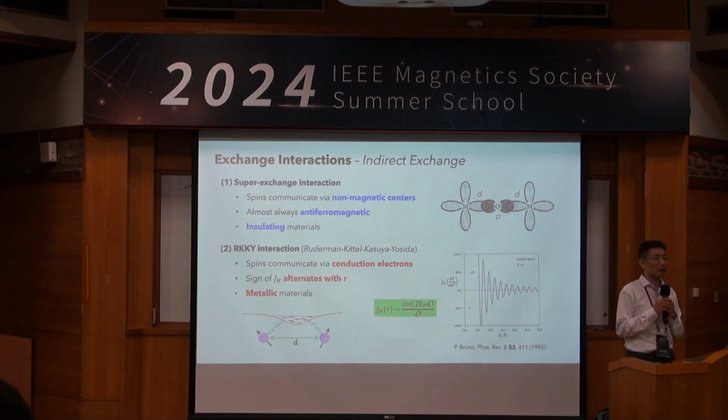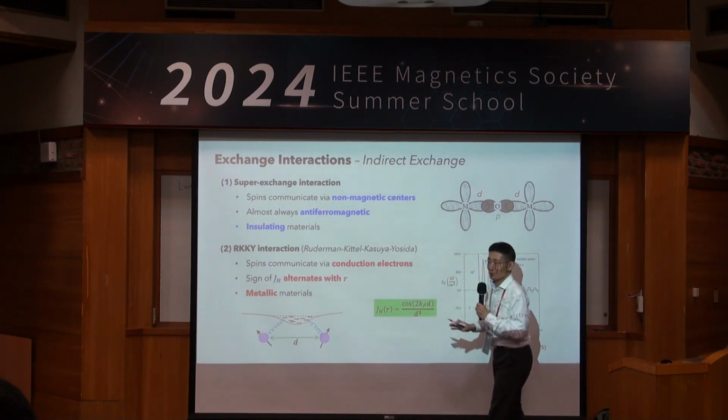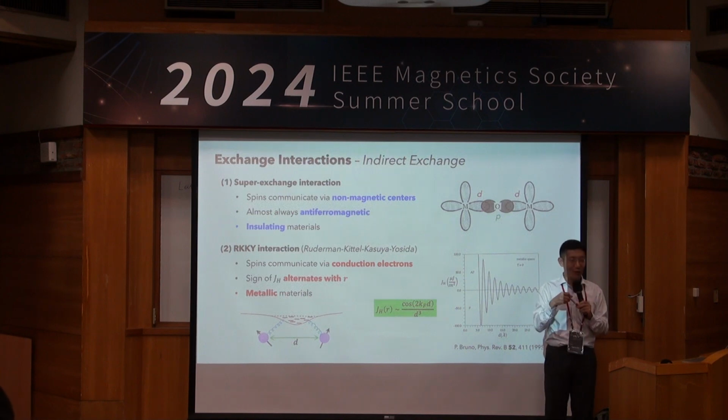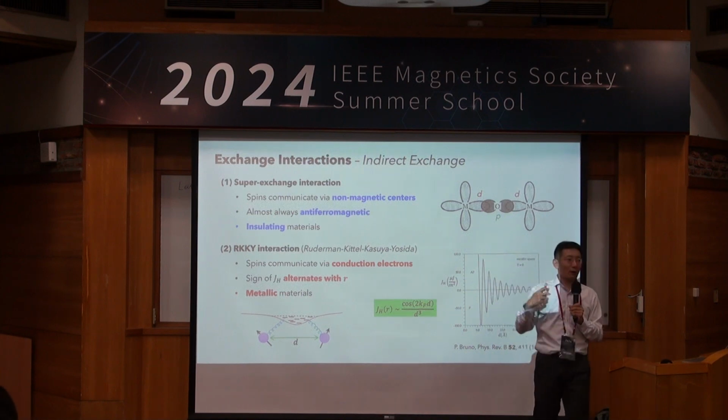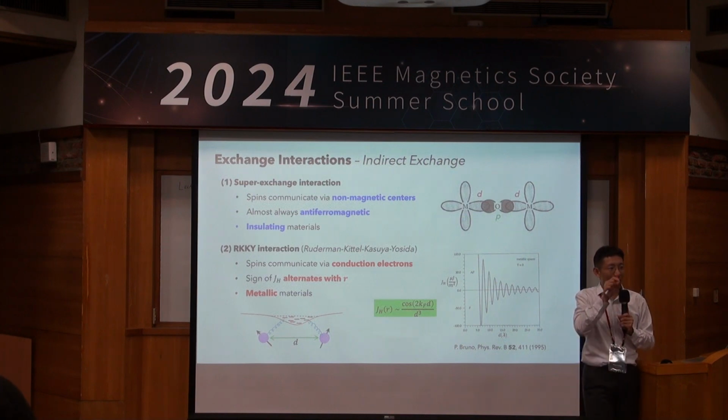For example, in the superexchange, it depends on t squared over U, where t is the hopping parameter, and U is the on-site Coulomb repulsion energy penalty. And there's always a minus sign associated with this. So that's why the superexchange always turns out to be antiferromagnetic.